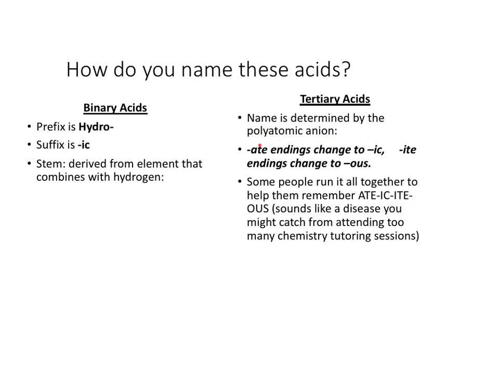Okay, now to name ternary acids, you have to look at the name of the polyatomic ion or anion that is attached to it. If your polyatomic ion ends in ate, you're going to change the ending to ic. If it ends in ite, you're going to change the ending to us. Some people like to run all this together to help them remember it: ate, ic, ite, us.